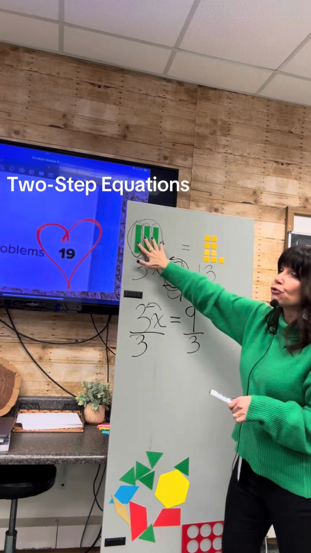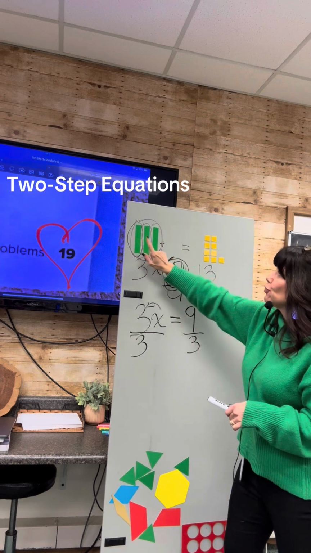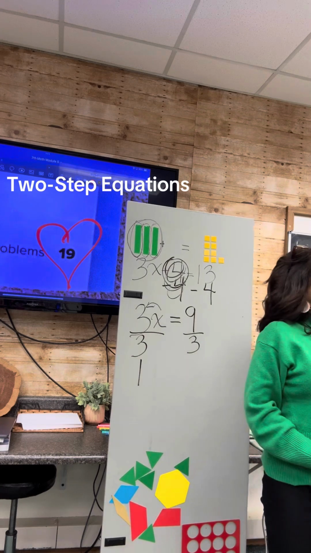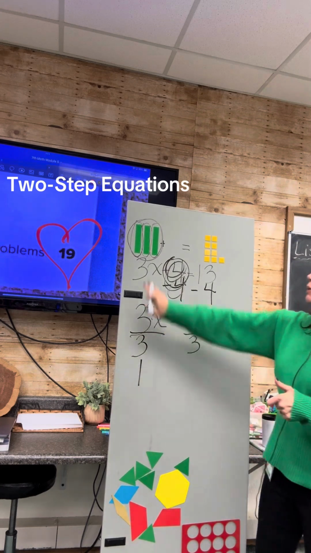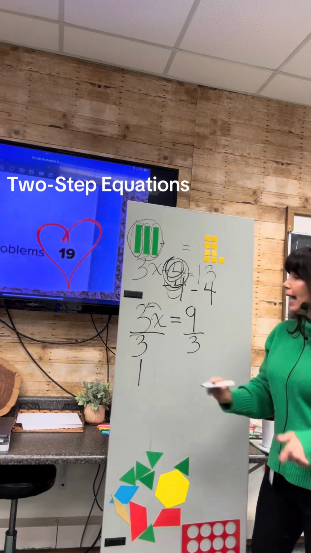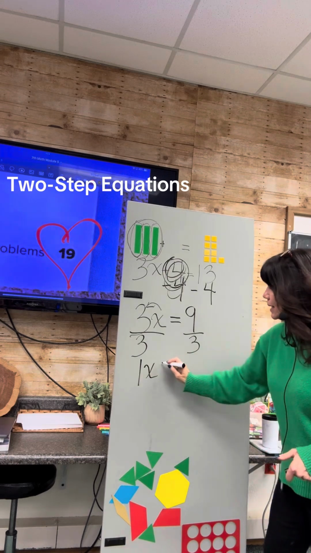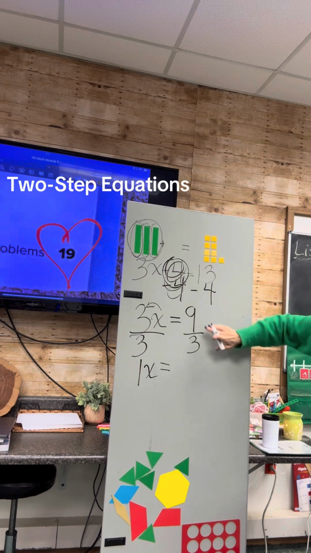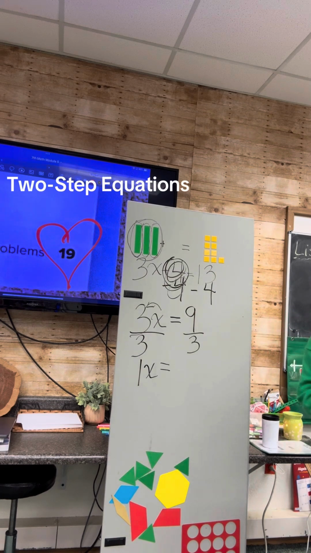So when I do 3x divided into 3 equal groups, I get 1 in each group. 1 what? What does the green represent? X.